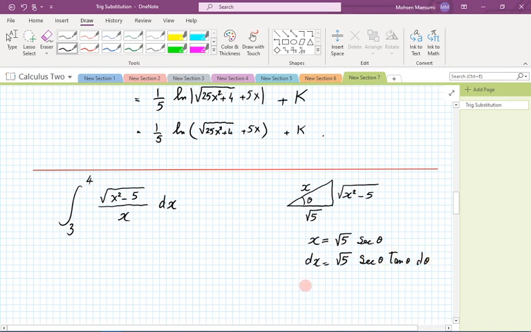And then of course the main attraction is that radical. What is that radical? Connect this and the angle and your constant. It is the adjacent times the tangent, so the square root of 5 times tangent of theta is equal to the opposite. So I have my picture complete here.